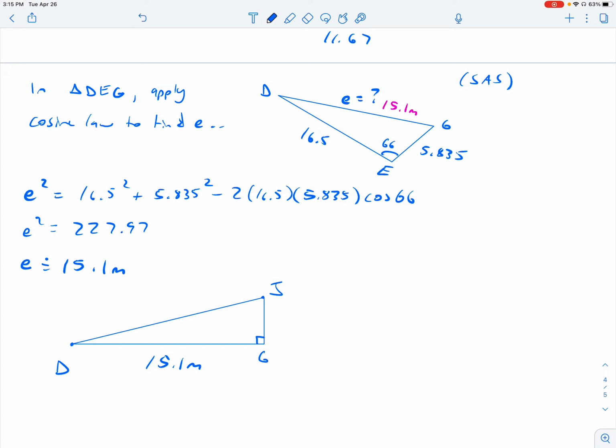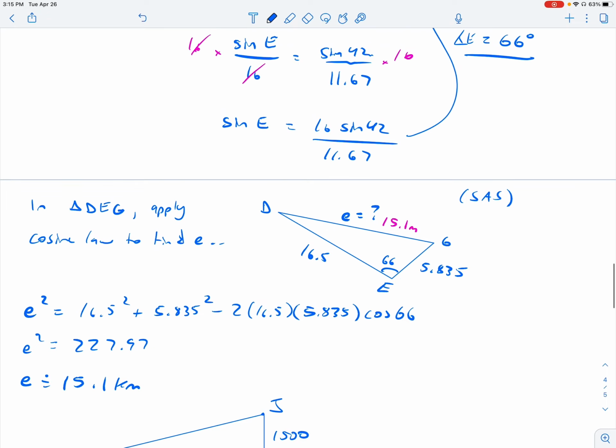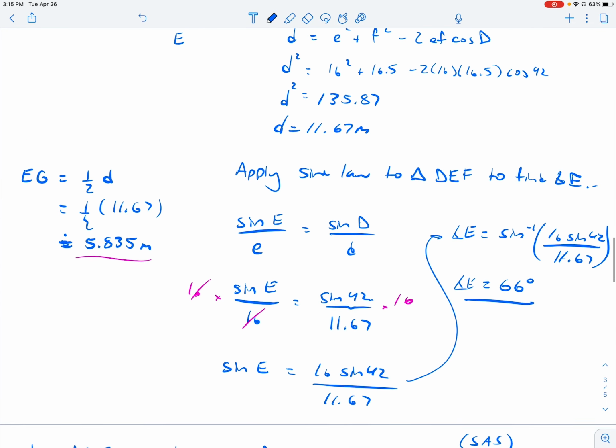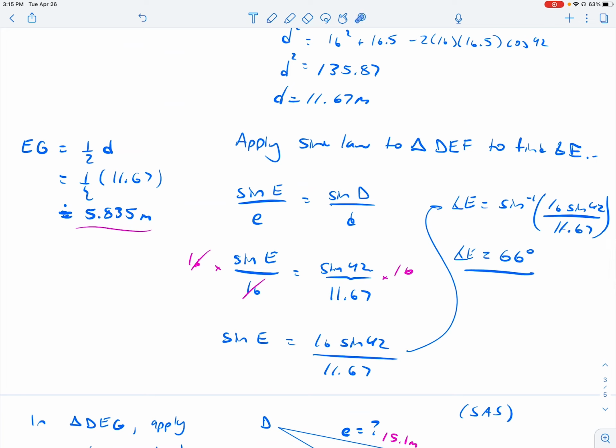Okay, and we're told in the question the hot air balloon has an altitude of 1500. So there we have a height of 1500 meters. Oh, we have to be really careful here. I just wrote meters up here. That's actually kilometers, right? Those distances were in kilometers. So my apologies for that.